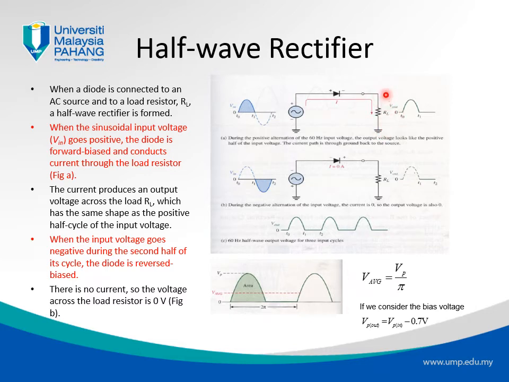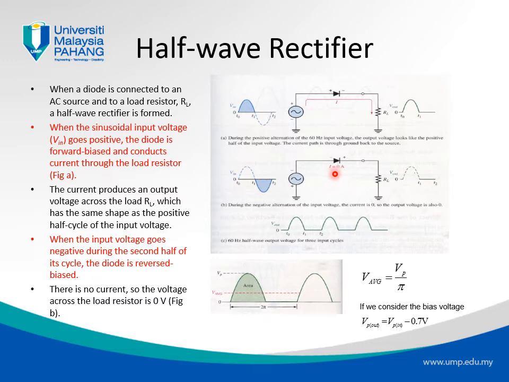So across the load resistance in the output, we will observe the same signal as in the input. Whereas from T1 to T2, when the input signal goes into the negative part of the waveform, the current tries to circulate back into the power supply in the opposite direction of the diode. So it is now in reverse bias.